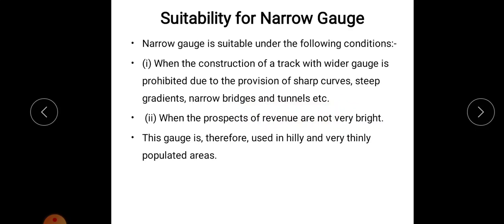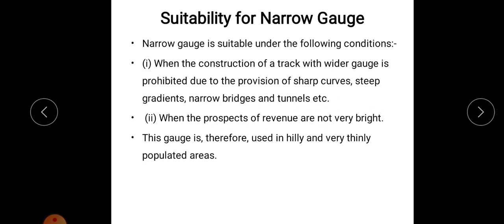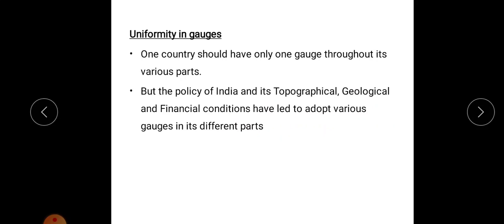Broad gauge means the distance between two rails is 1.676 meters or 1676 mm. In the case of meter gauge it is 1000 mm or 1 meter, and narrow gauge it is 762 mm or 610 mm.